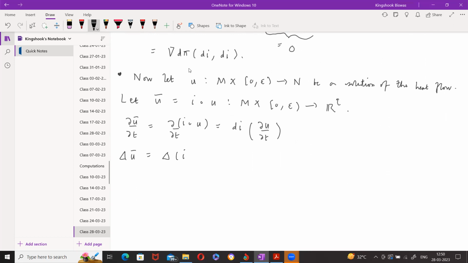This is the Laplacian of I composed with U. Since this is a map taking values in RQ, this is the same as the tension field of I composed with U. And by the second composition formula, this is the trace of nabla di of du comma du, plus di of tau u.